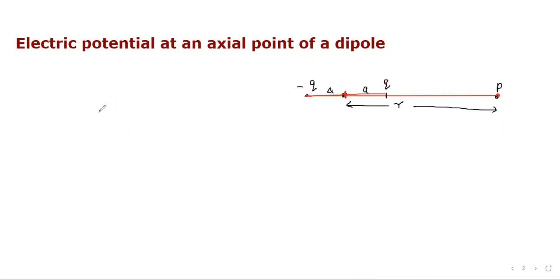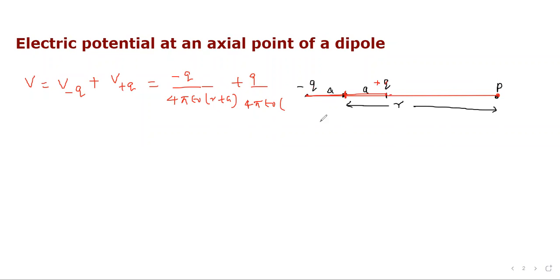Now we can consider potential at P due to both the charges. So V is equal to V due to minus Q plus V due to plus Q. Minus Q upon 4 pi epsilon naught, distance will be R plus A, plus Q upon 4 pi epsilon naught, and the distance from the plus charge to P will be R minus A. Right.